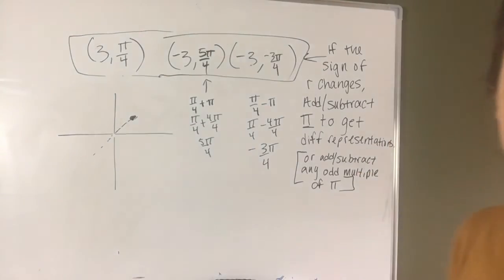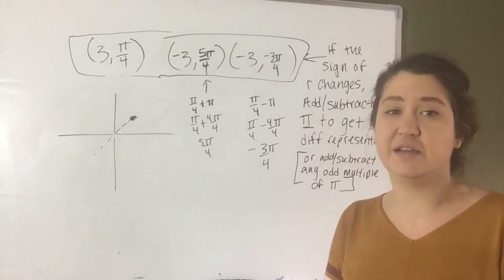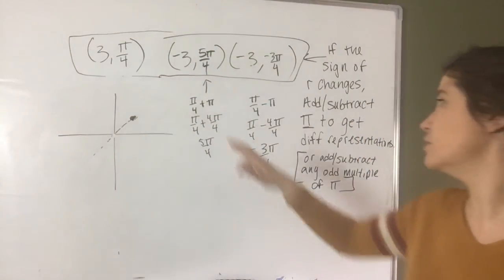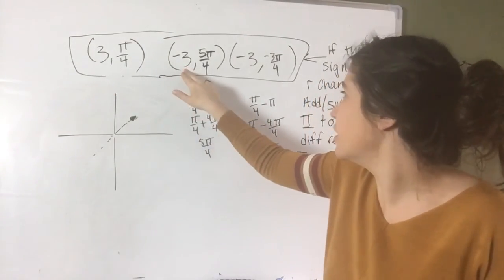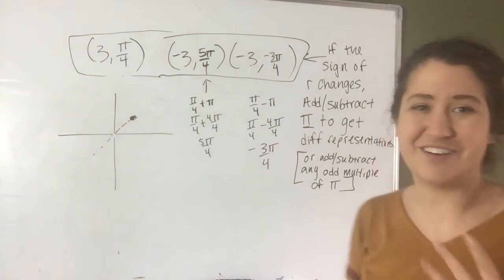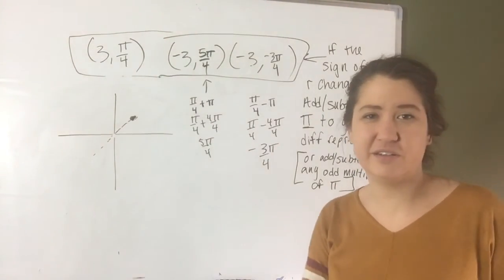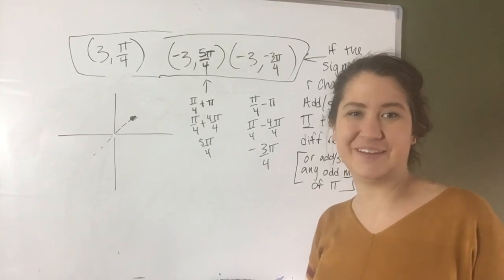So you could add 3 pi or subtract 3 pi, or add 5 pi or subtract 5 pi, right? And that's the technique you're going to use if you change the value of r. Okay? Then to change your angle, you add or subtract odd multiples of pi. Okay, hopefully this cleared things up for you a little bit, all right?